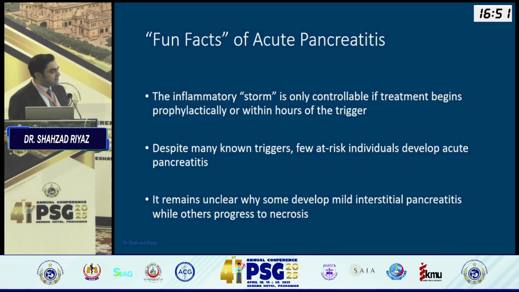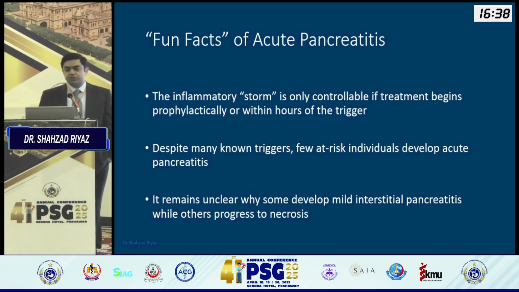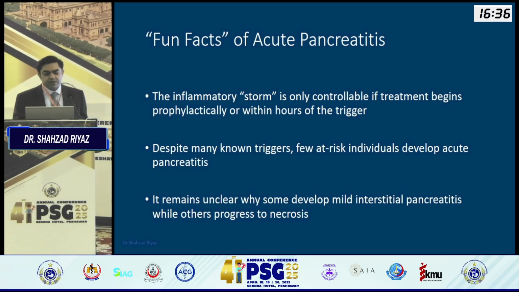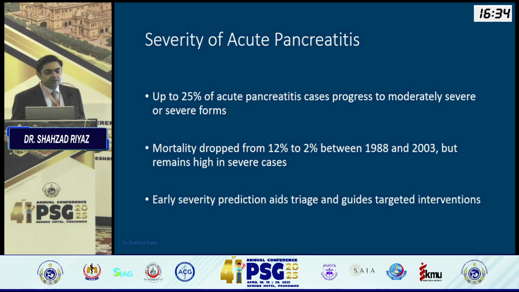We know that there are several triggers for acute pancreatitis, but we still don't know why not all of these patients develop pancreatitis, and even if they do develop it, why some of them develop interstitial and others develop necrotizing pancreatitis. We do, however, know that up to 25% of the patients develop the severe form.